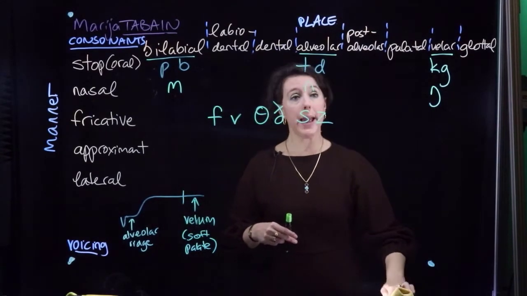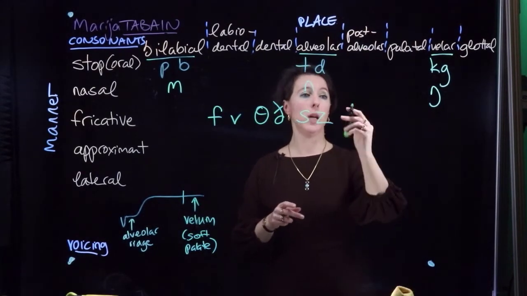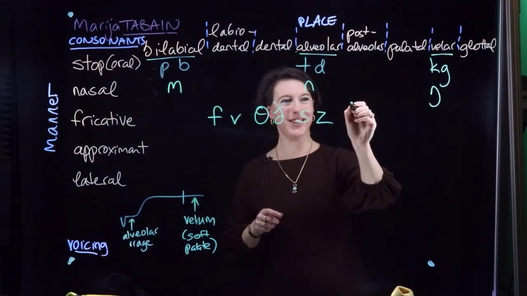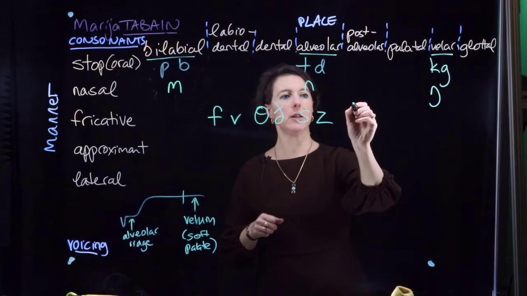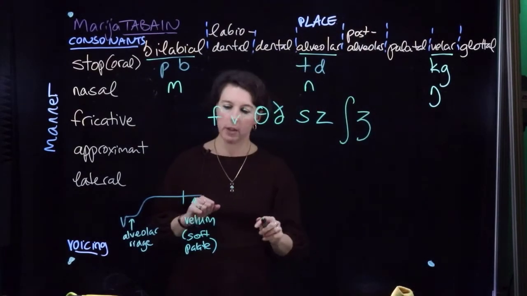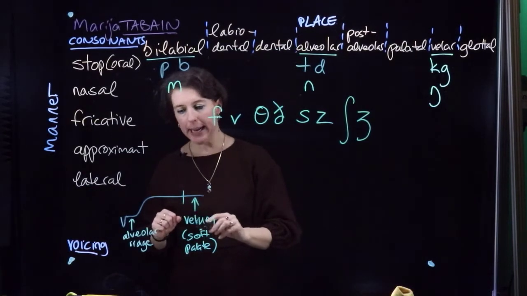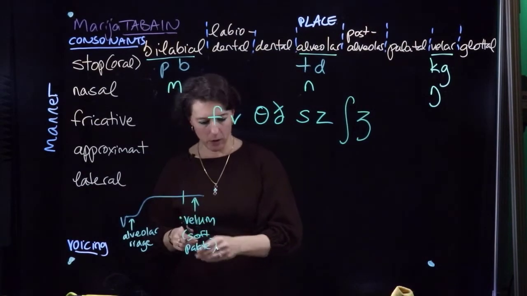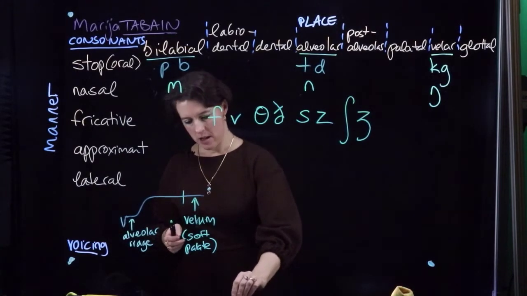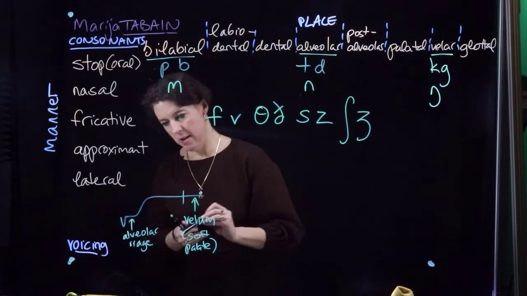And then we have a post-alveolar fricative. We have post-alveolar fricatives in English, and they are written like this: sh and j. Okay, what does post-alveolar mean? It literally means just behind alveolar. Let me maybe get a different colour here, if I can maybe just draw it.